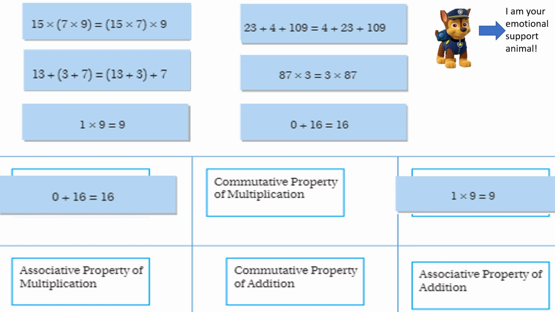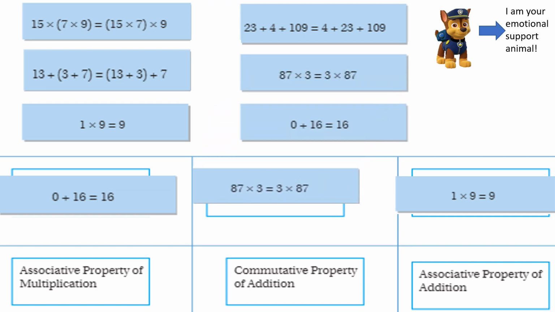So, like, let's say 3 and 5. 3 times 5 is 15, but if you move the 5 to the front and the 3 to the back, it will always still be 15. So 86 times 3 is equal to 3 times 86, because when you move stuff around, it doesn't change what the answer is. So that goes in commutative property of multiplication.